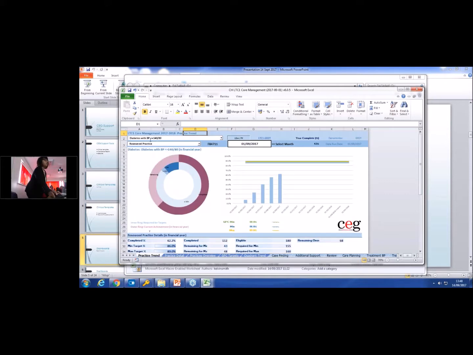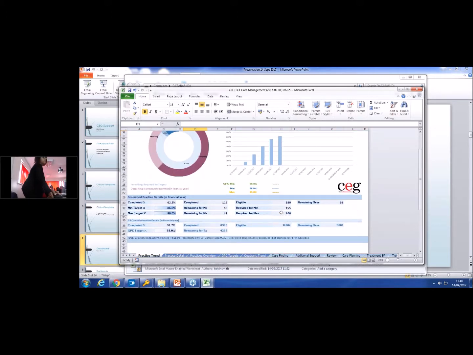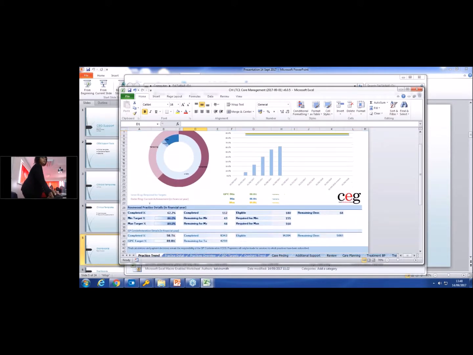For that target, diabetes below 140 over 80, you can see how many of your patients are eligible for this indicator, and how many patients you need to do the activity on to achieve your minimum target and your maximum target. You can also see how many patients you have done the activity on, which is completed, and how many patients remain for minimum and for max. This page is useful in that way, because you would know how many more you have to do.